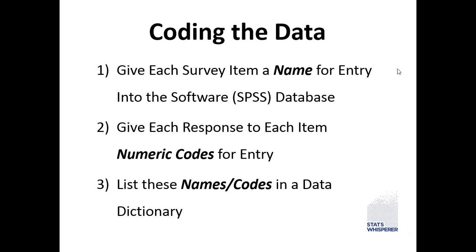So we're going to give a short name to each survey item, and that will correspond to that item's name within the SPSS database. And two, each response to each item gets numeric codes. And then three, these names and codes are listed in the data dictionary, right? So you create the names and codes. You can't just remember them offhand, so you list them in a data dictionary.